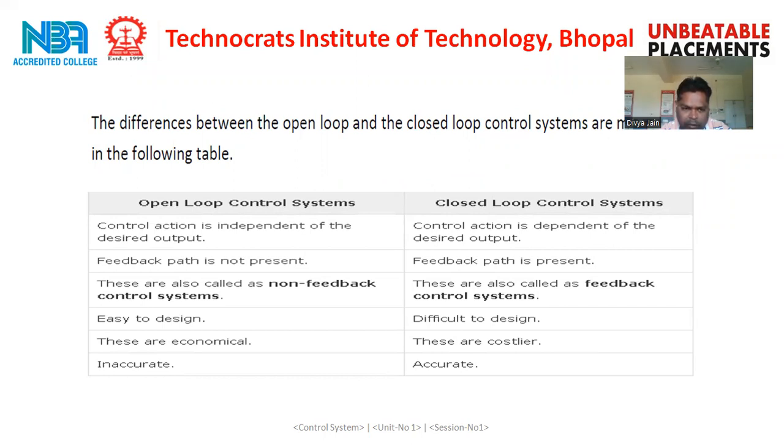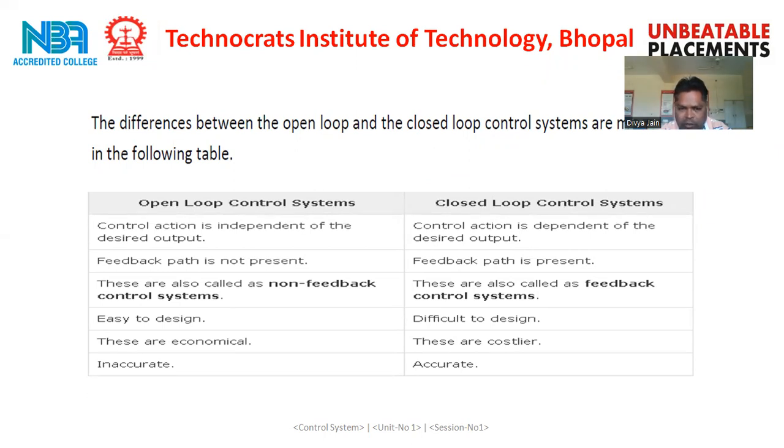In the open loop system, we get inaccurate output, but in the closed loop system, we get accurate output because we are using the feedback path. Generally, the open loop system is highly sensitive, but the closed loop system is not.